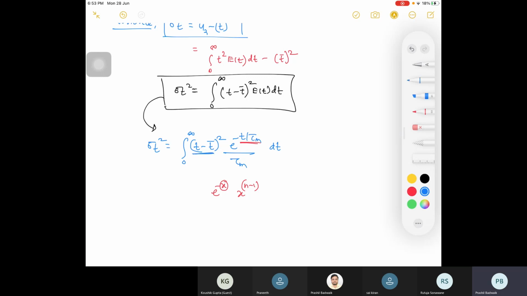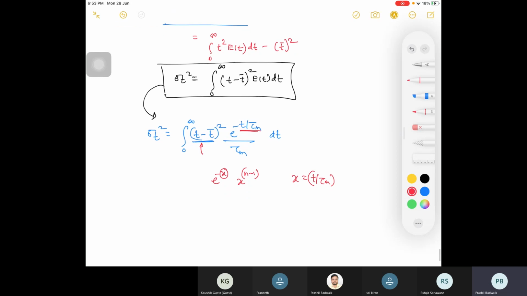So you need to have which term? Your x is your t by tau m. So here you need to adjust t by tau m. So how will you do it? Or t mean is equal to your tau m, so you can use it interchangeably for no expansion, no compression. So epsilon is equal to 0.